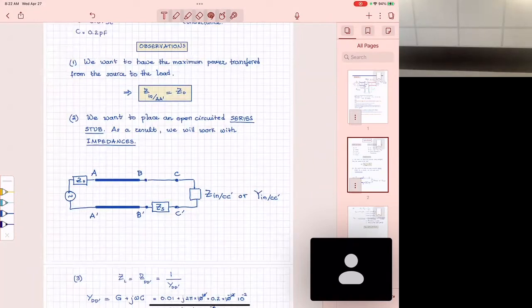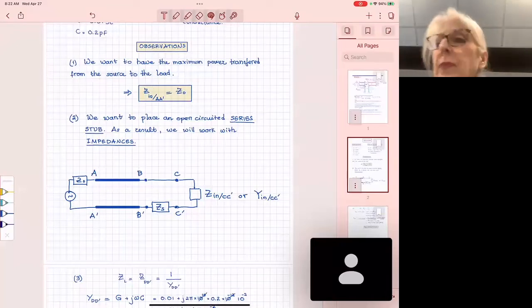Now here it shows why I'm going to do that, because I can only add things on the Smith chart. I cannot do the inverse of something and then add it. The Smith chart does simple stuff, so I can only add these two. Now we know that I have introduced Z input.